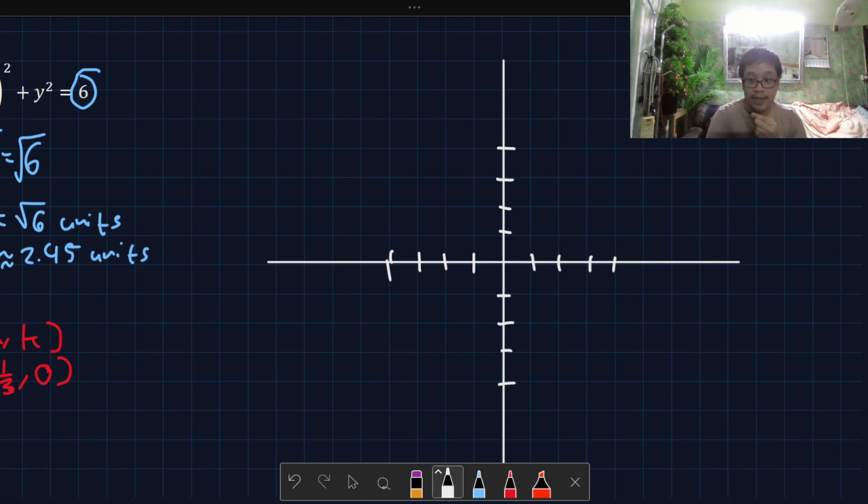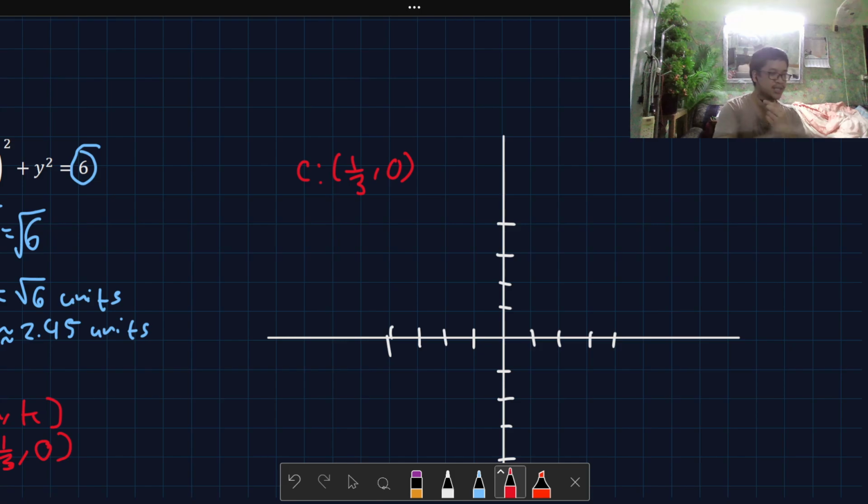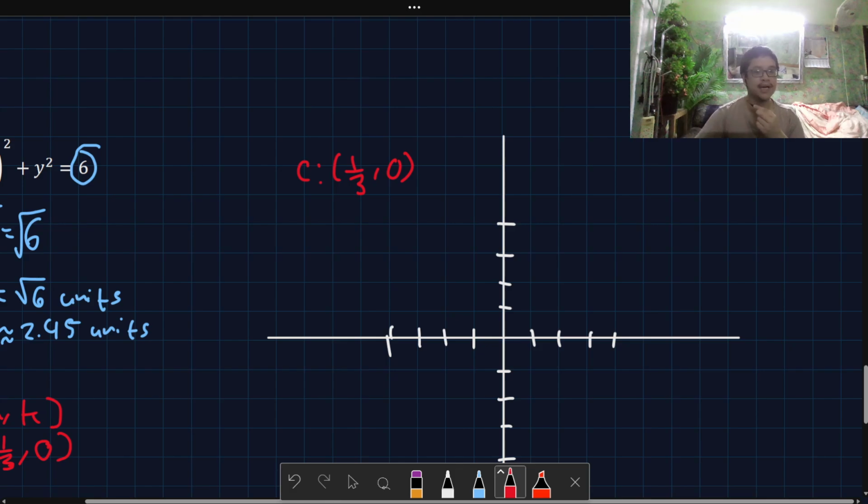Okay, now let's take a look. Your center is 1/3. Now here's the problem. If you use your calculator, 1 divided by 3 is 0.3333333, infinitely many 3s, 0.333 and so on and so forth.